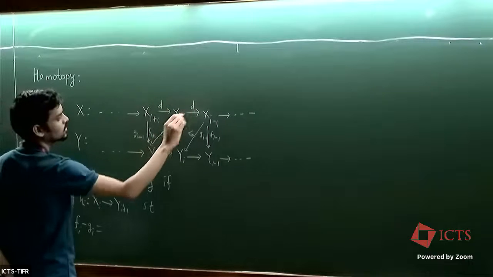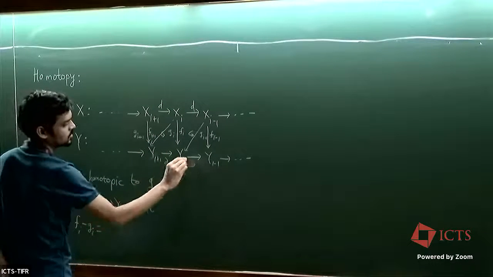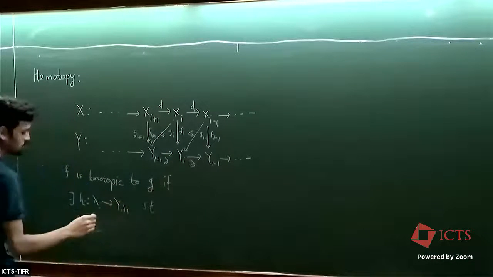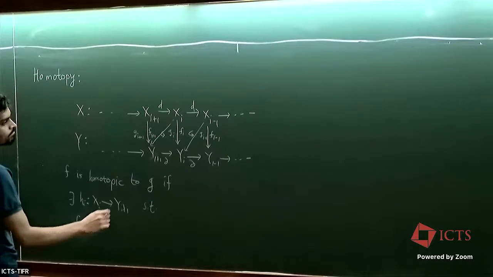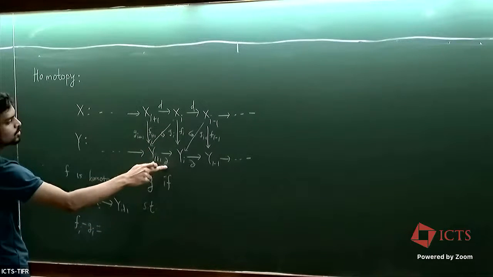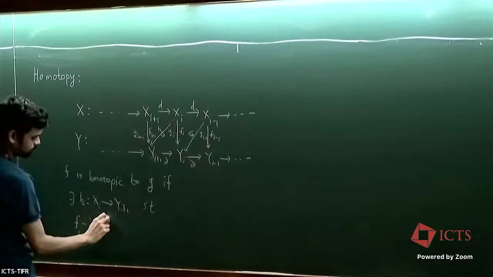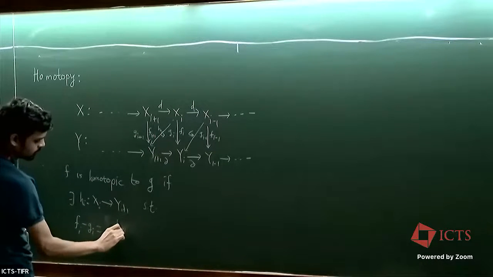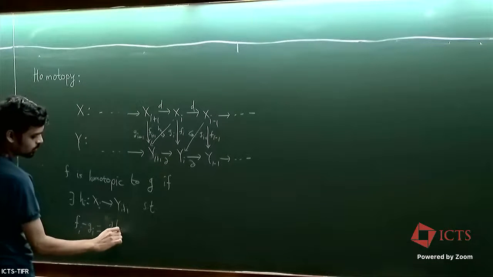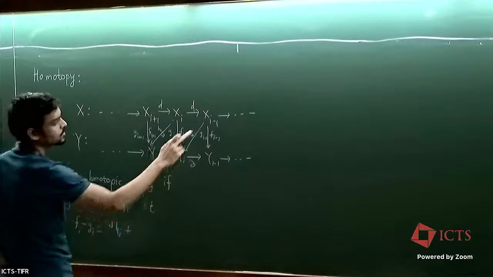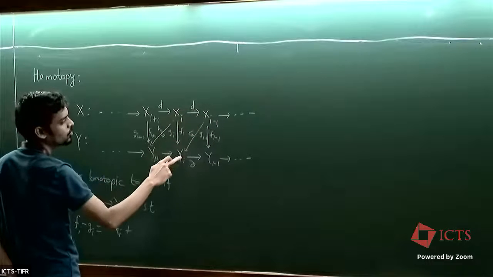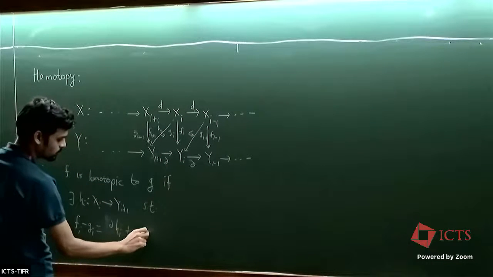I'll just call this d. So f_i minus g_i should be equal to h_i followed by d, plus d followed by h_{i-1}.